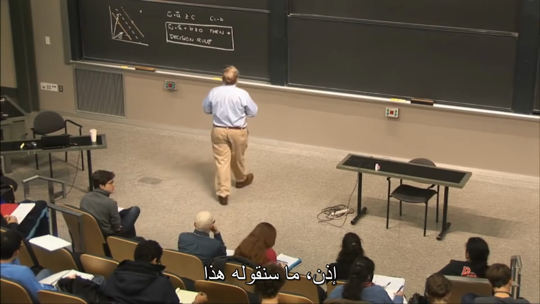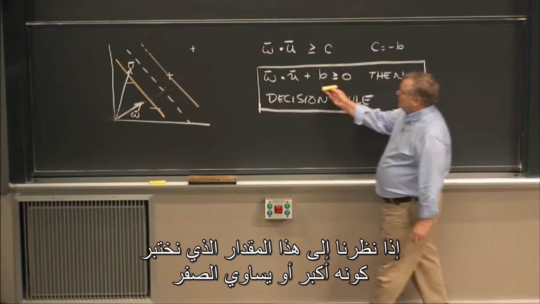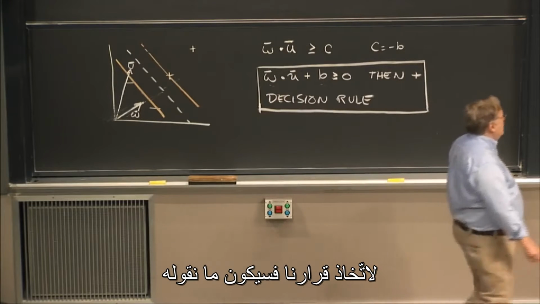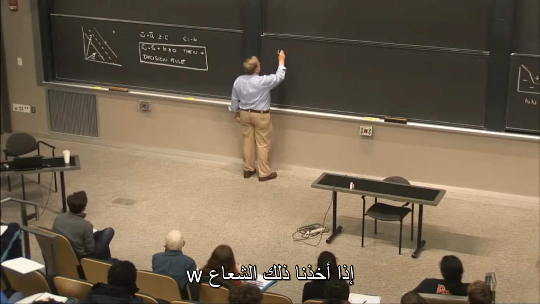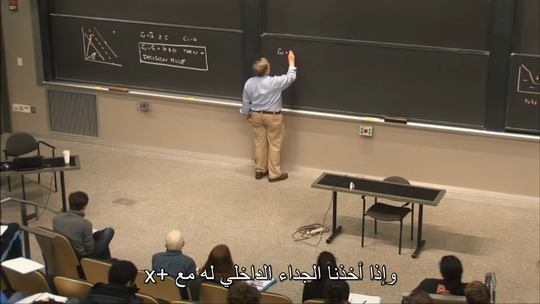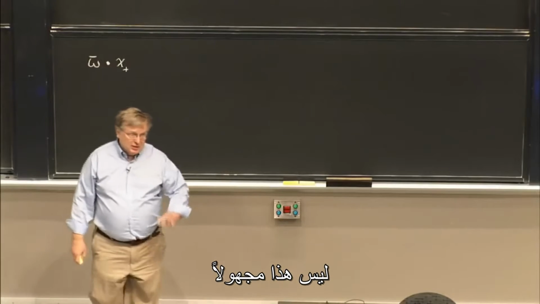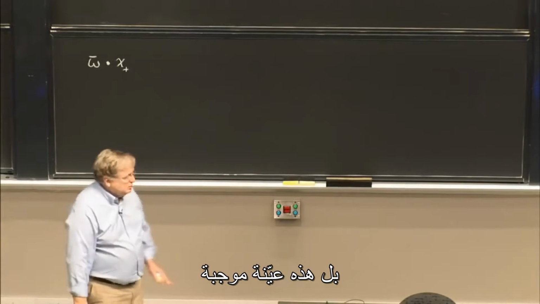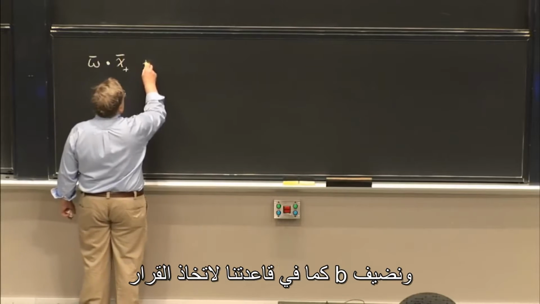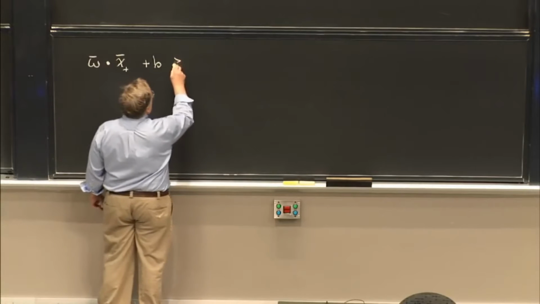So what we're going to say is this: if we look at this quantity that we're checking to be greater than or less than 0 to make our decision, then if we take that vector w and take the dot product of that with some x plus, some positive sample now, this is not an unknown, this is a positive sample, if we take the dot product of those two vectors and we add b, just like in our decision rule, we're going to want that to be equal to or greater than 1.